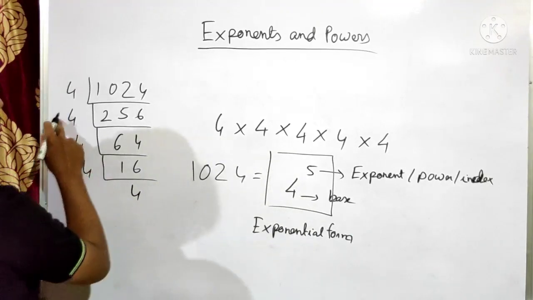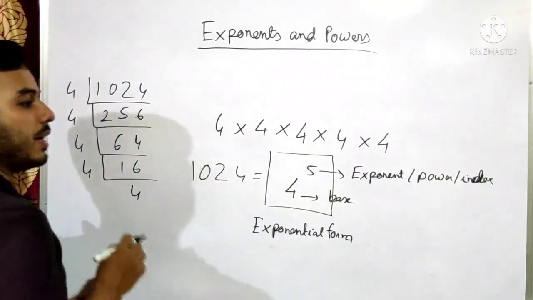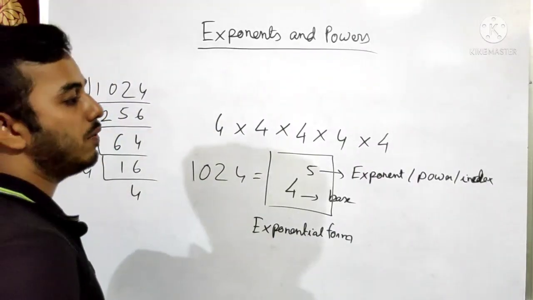So look, 1 2 3 4 5. So 4 to the power 5. This is how we can express a number in the exponential form.